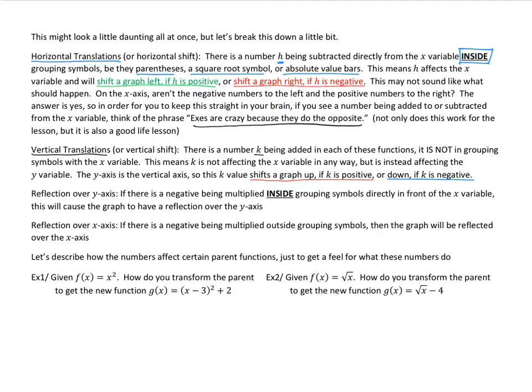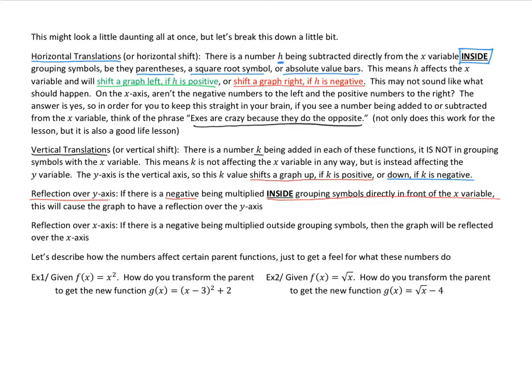And then we have these two reflections, and we can get a little more in depth into that a little later. We can reflect over the y-axis if there is a negative inside the grouping symbols directly in front of the x variable.